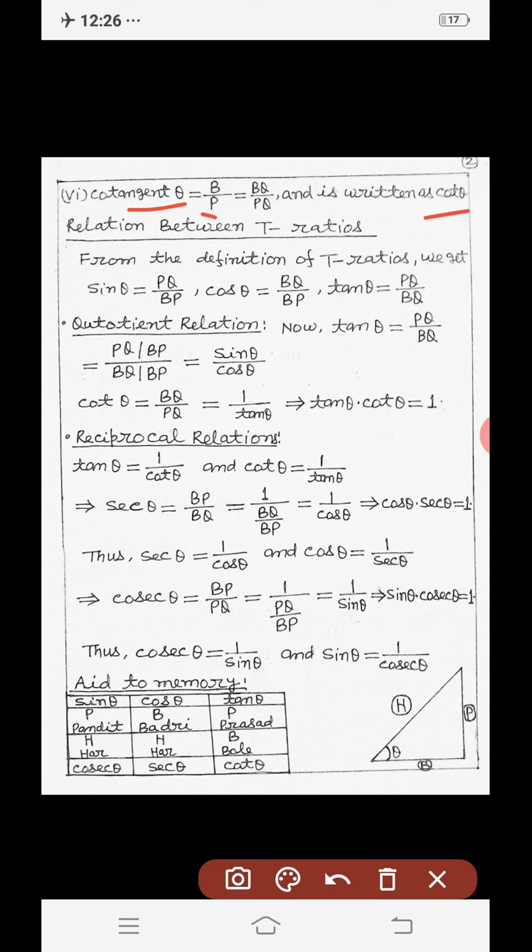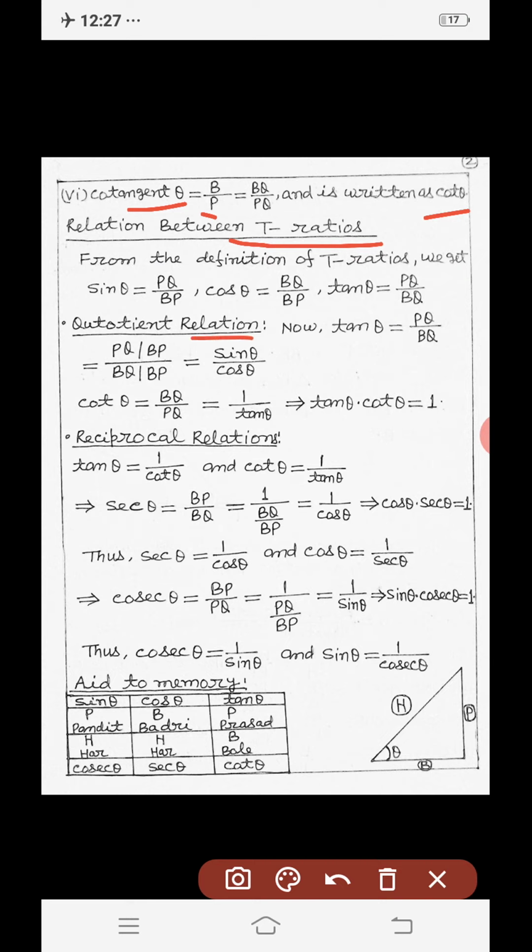Now we discuss a relation between trigonometric ratios. From the definition of trigonometric ratios, we get from the figure sin theta is equal to PQ by BP, cos theta is equal to BQ by BP and tan theta is equal to PQ by BQ. The first relation is quotient relation.